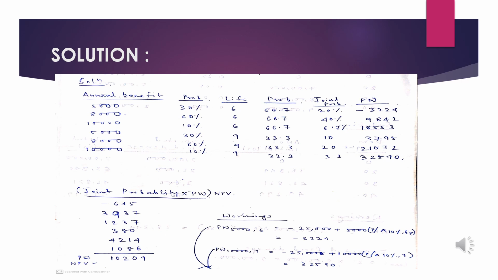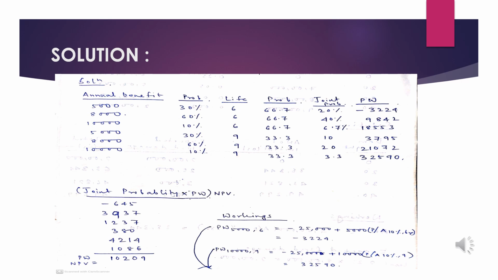Very similarly, we have to calculate the same value which we have done for 5,000 and 6 years, for 8,000 at 6 years and 10,000 at 6 years. Then if we multiply the present worth value with the joint probability, we get the value of the NPV, which comes to negative 645, or a loss of 645.